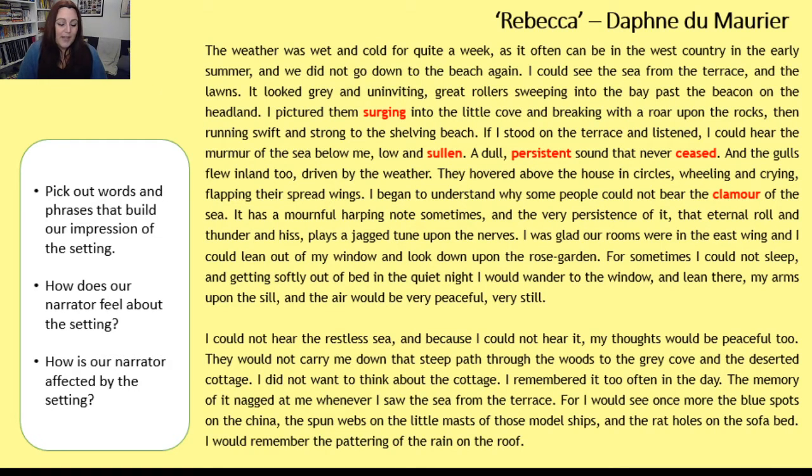So it can be a crowd of people surging towards the finish line, or it could be, as in this case, the waves of the sea surging powerfully and moving forward. So make a note of that new vocabulary in your paper or your exercise book.